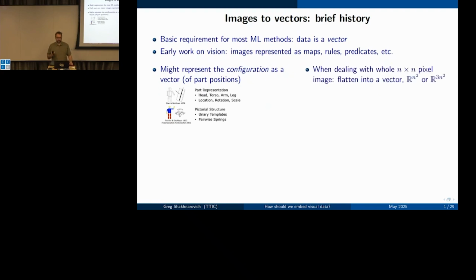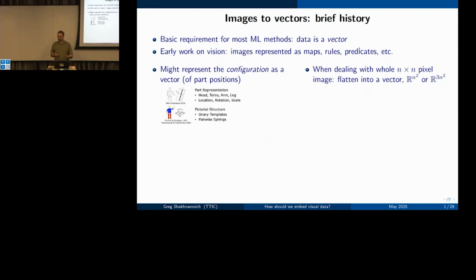When machine learning really took off, which was the early 2000s, people said, well, if we want to run a linear classifier on images, we need images to be vectors, and the standard way to do that is the simplest way. If I have an image of size n by n pixels, I will just write down all the pixels in order, so I'll have a vector of length n squared. Maybe if it's 3 colors per pixel, it's 3 times n squared.